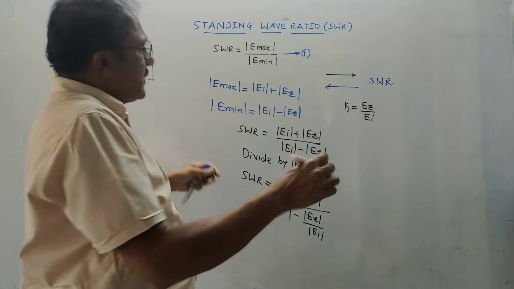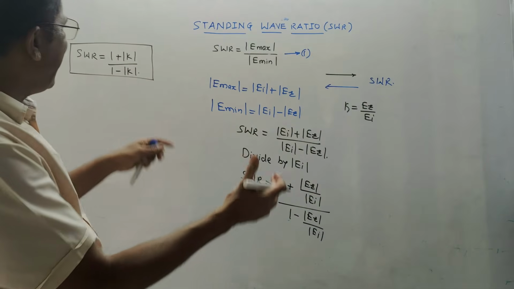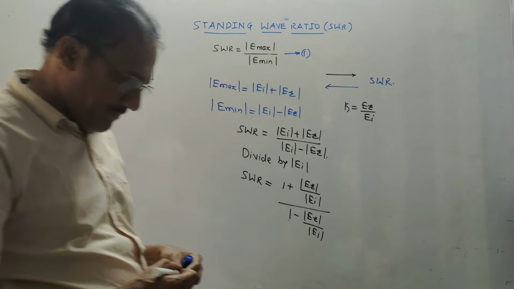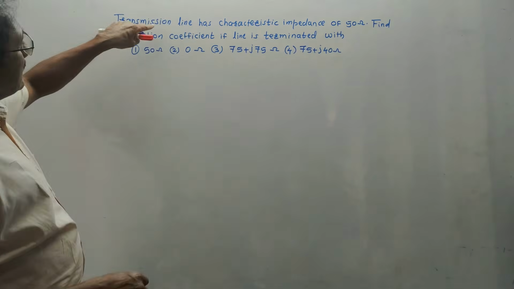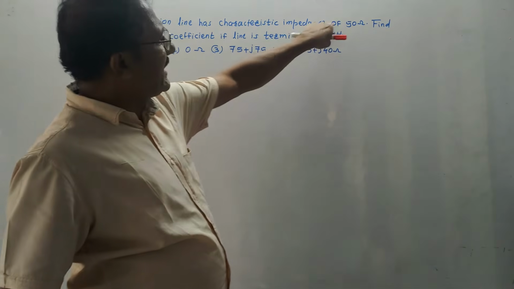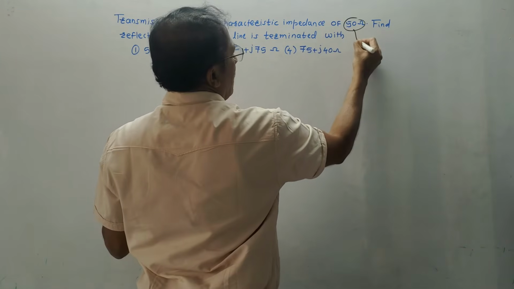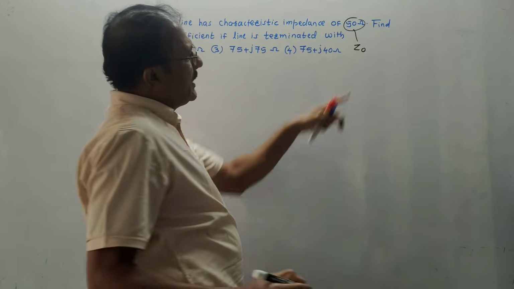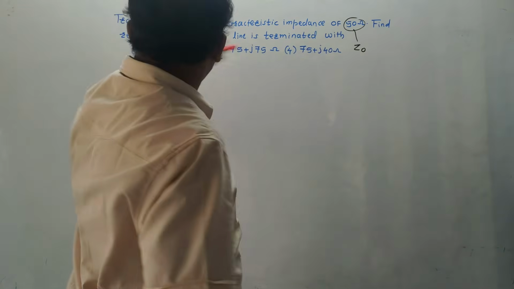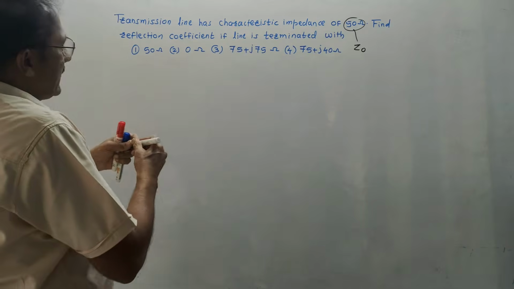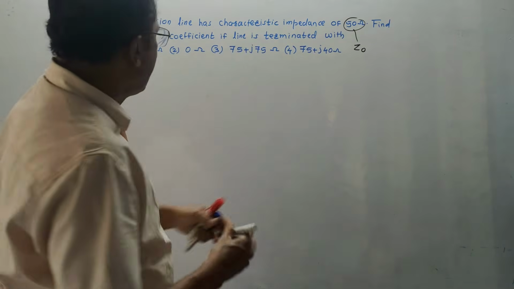Now, we will solve a few numericals to get an idea how to use this set of formulae. The problem is: a transmission line has characteristic impedance of 50 ohm. For this given value of 50 ohm, the notation is Z0. Find reflection coefficient if the line is terminated with these 4 different values which are given in the question.